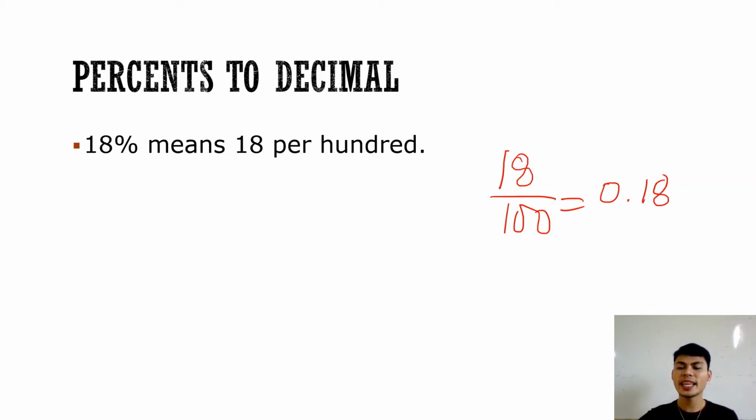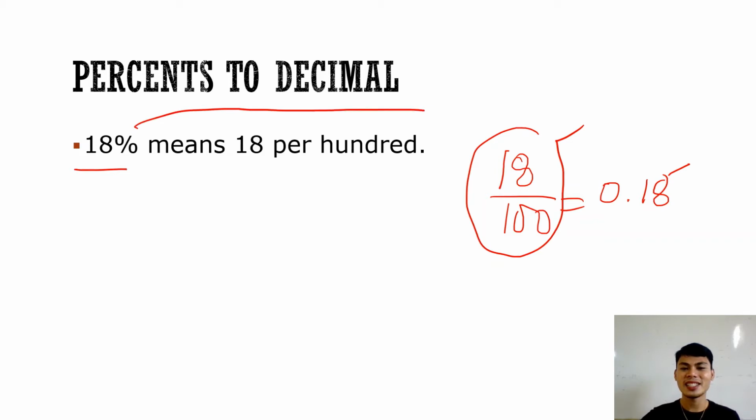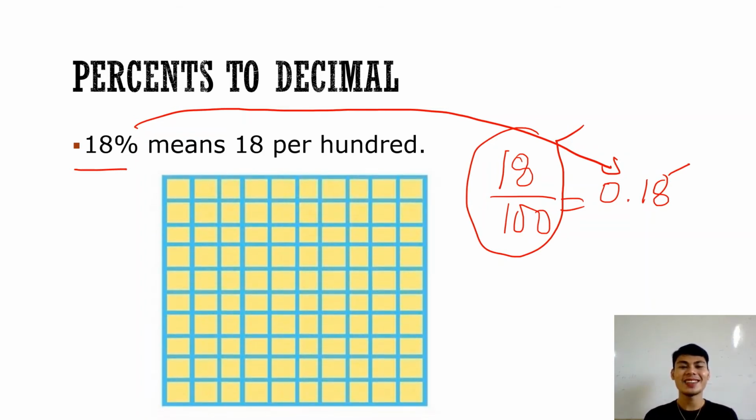It's 0.18. If you use your calculator, it's 0.18. Hence, 18% is just 0.18 in decimal. Very easy, right? Assignment nyo na yan: how many squares should be shaded?